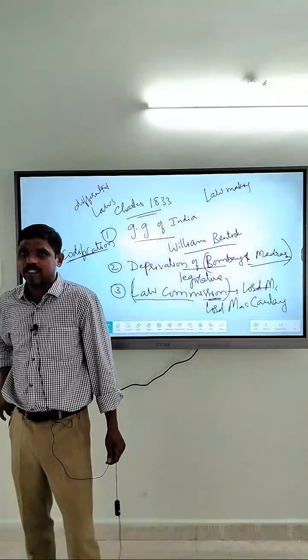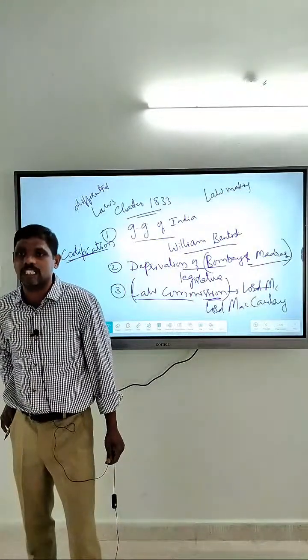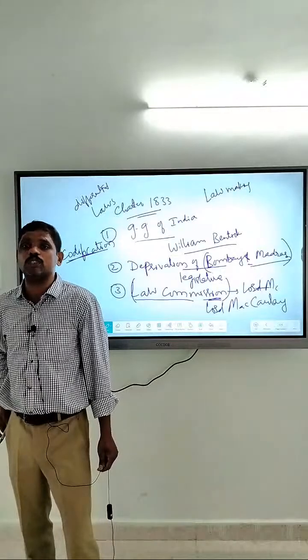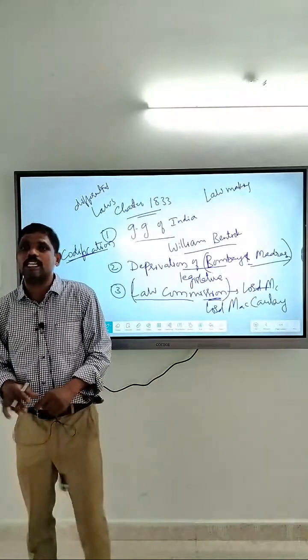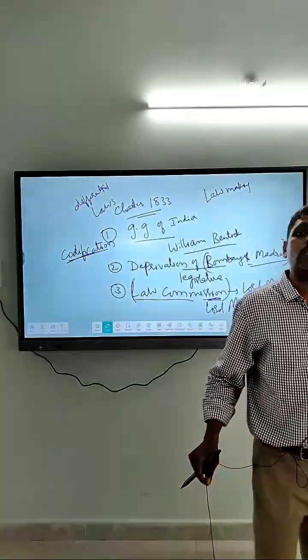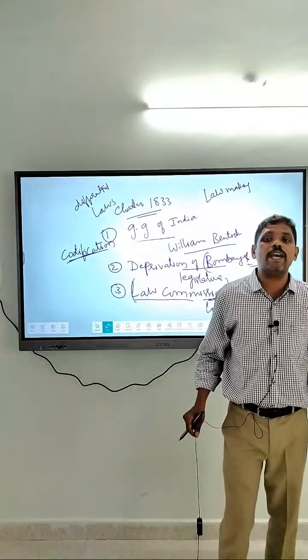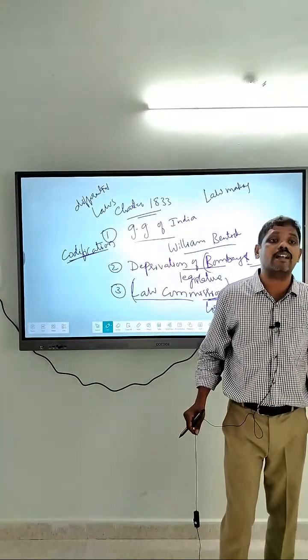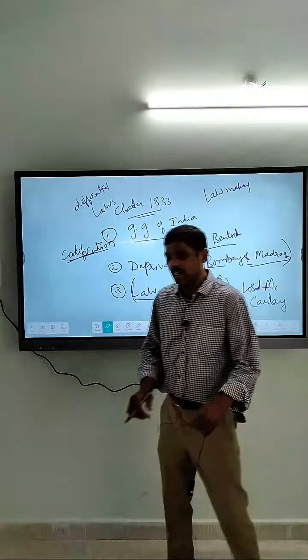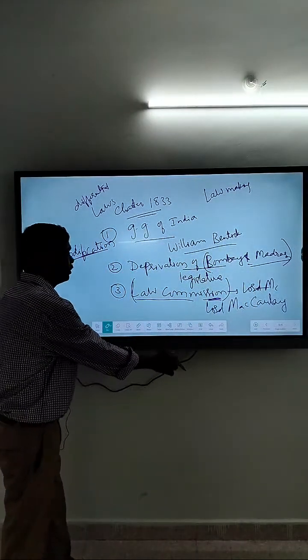Recently we have seen the union government bringing changes to CRPC, the Criminal Procedure Code, and CPC. These changes are made purely on the recommendations of law commissions. So this is about the law commission.